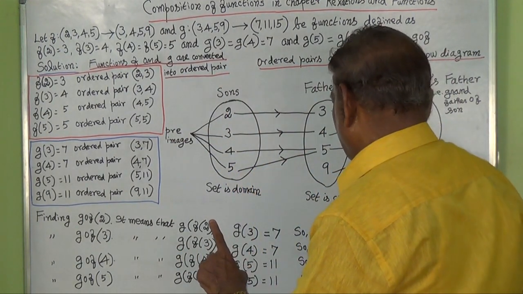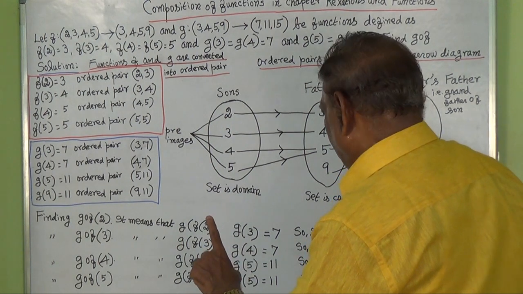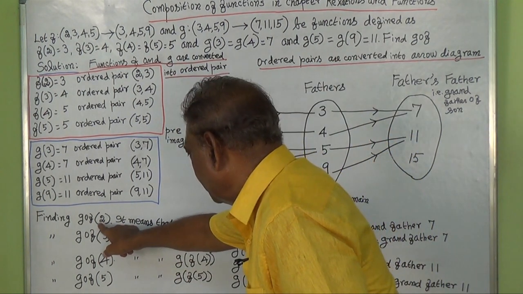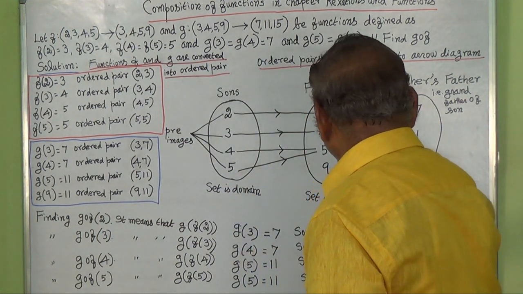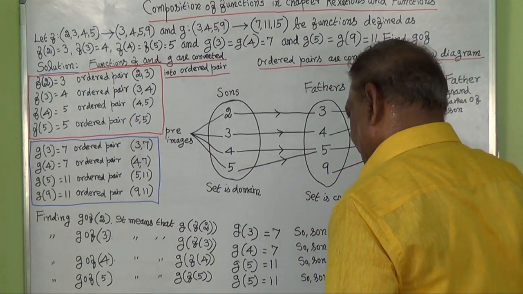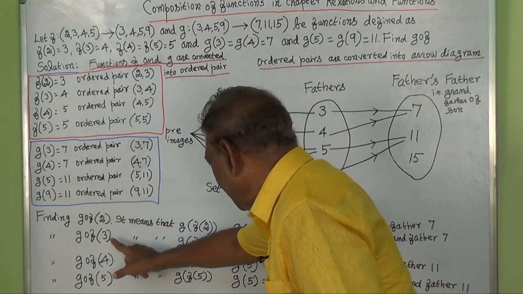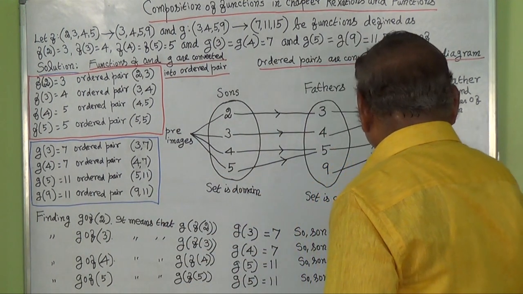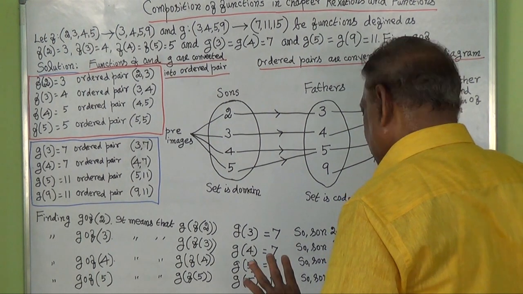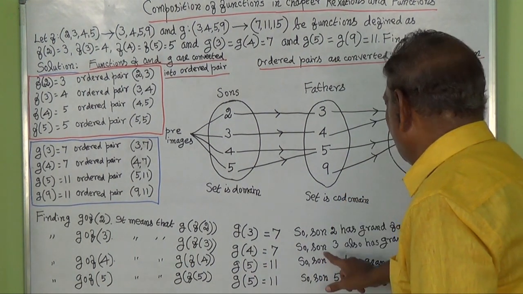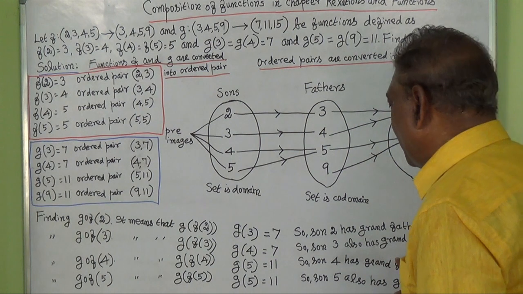From this, we understand that the son 2 is getting the grandfather as 7. That is, the son 3 is getting the same grandfather 7. The son 4 has grandfather 11.